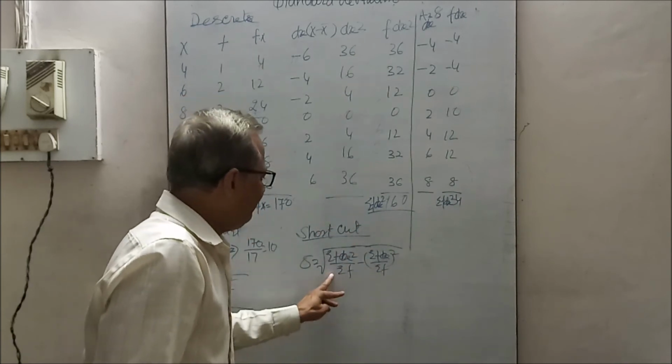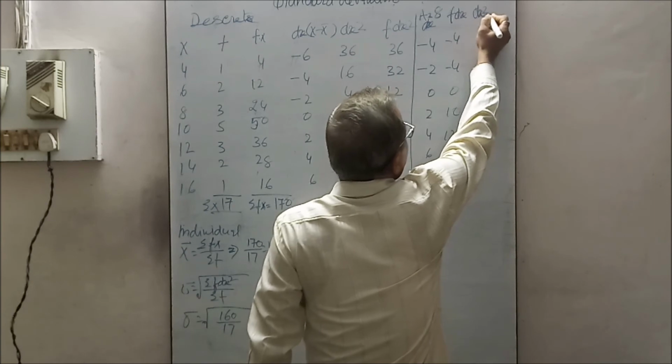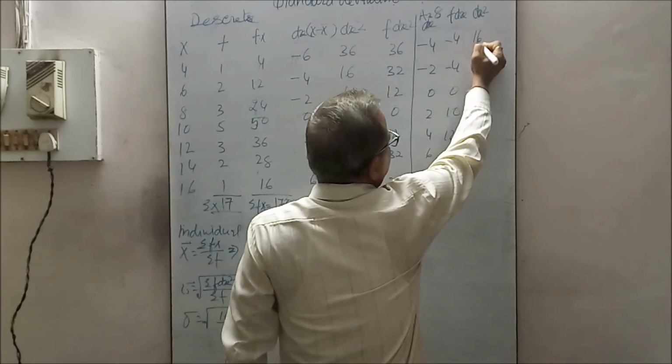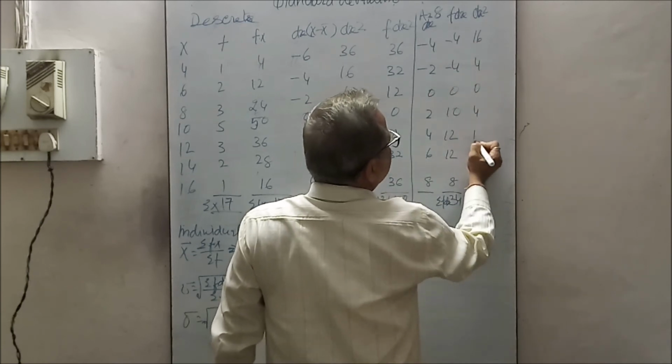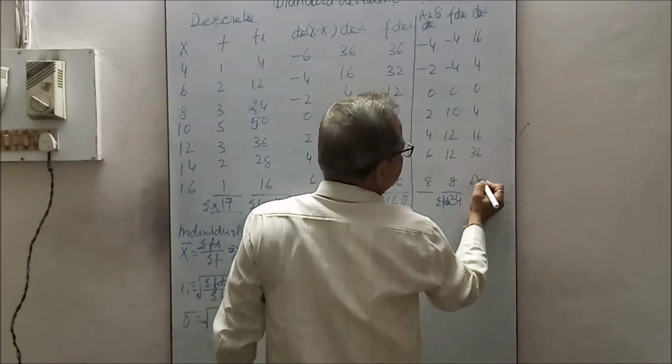Now f dx square: first of all convert dx into square, and you will find 16, 4, 0, 4, 16, 36, 64.